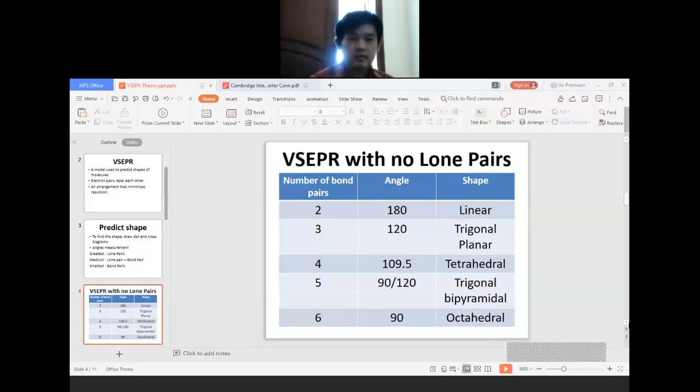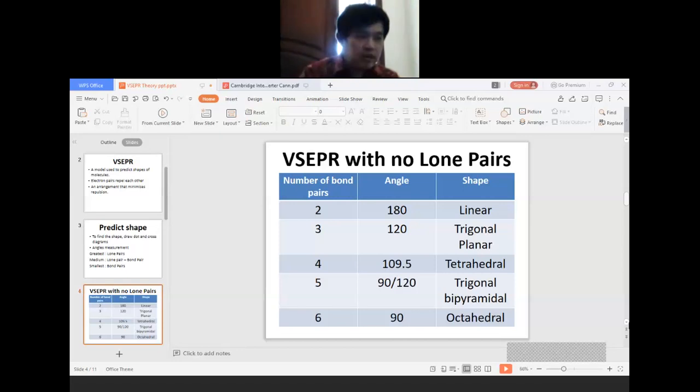The last is six bond pairs in a molecule. It has the shape of octahedral, and the bond angle is 90. What is the molecule having six bond pairs and no lone pair? It is SF6.